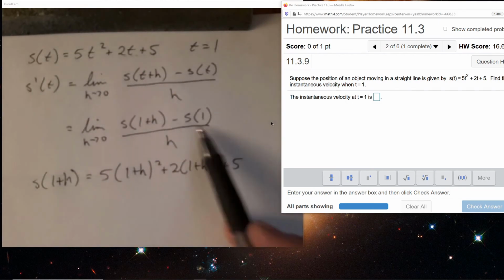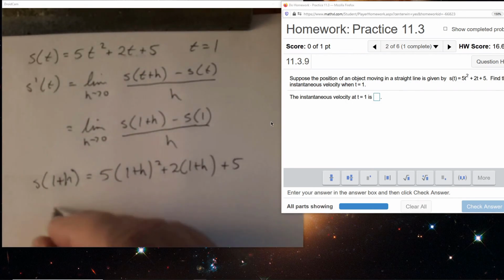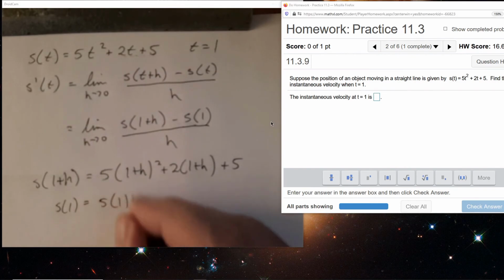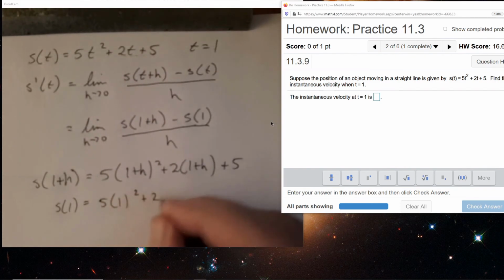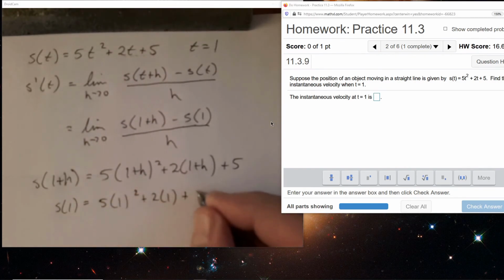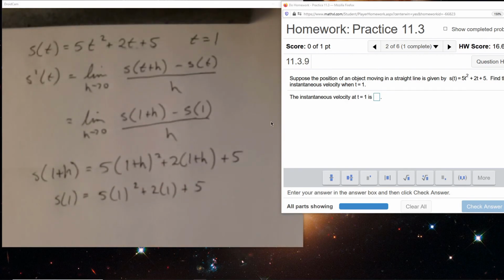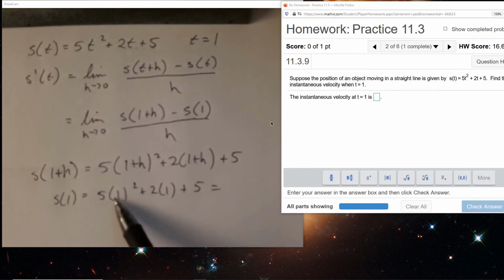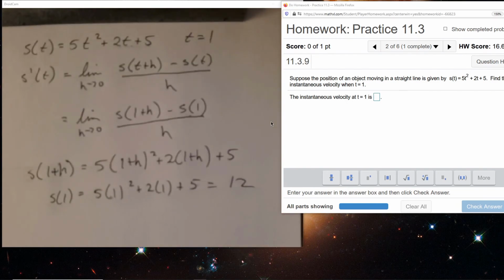And this is also telling us we need s of 1. And we get that, again, by plugging 1 into the original function. And now we can figure out this number here, because this is 5, 10, 12. And we take this information and plug it into the limit.